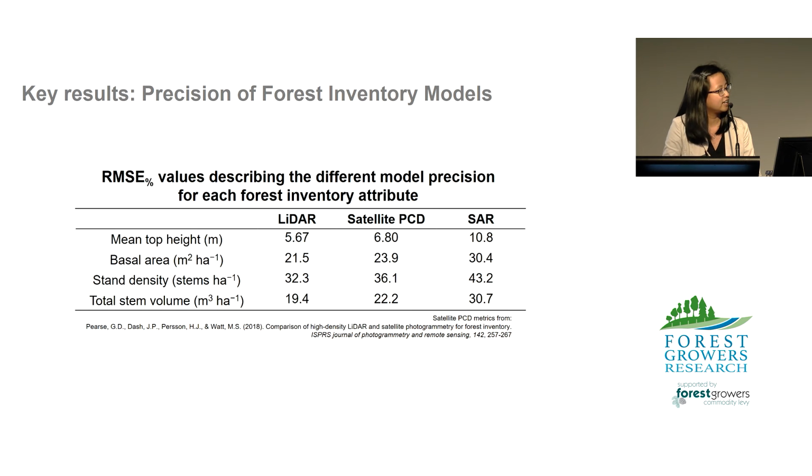But if you use satellite point cloud data, that error might increase by about 1%, but that error might double when you use SAR. So these types of information are important when you're deciding which remote sensing data is best used.